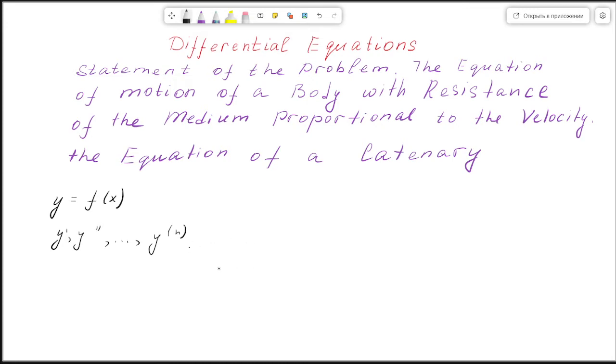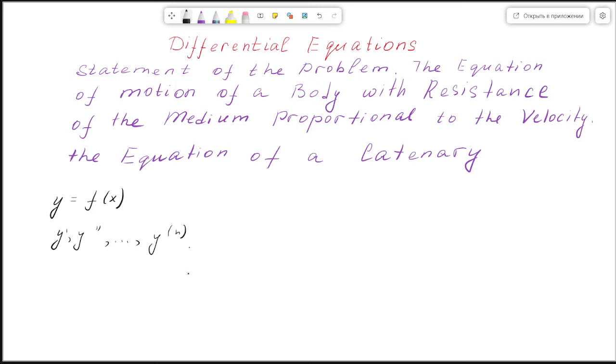That is, we are able to write a differential equation. From the relationship established between the variables x, y, and the derivatives, it is required to determine the direct dependence of y on x.